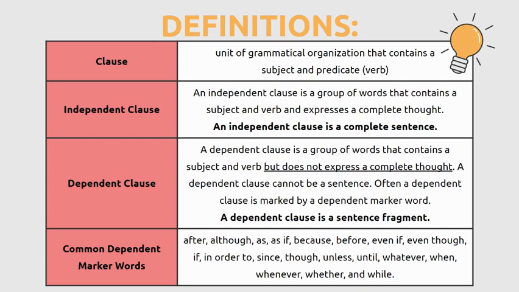All right, these are our common ones. Like I said, we don't need to memorize that. Today we're going to go over a way that we can test to see if it's a dependent clause, even if we forget what a dependent marker word is.